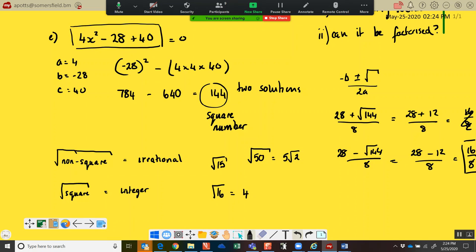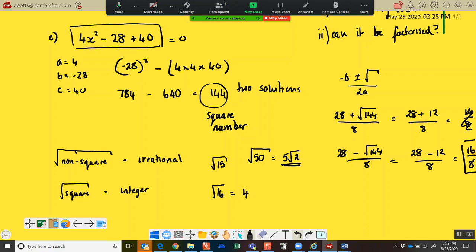So all our numbers have prime factors, and the only ones that we don't worry about that is with a square number. So every other number other than a square number, we end up with the root of a prime factor. So it's always going to be an irrational number. So in my solutions, if I end up with a nice square number, there's a good chance it's going to be able to factorize instead. Okay, does that make sense?